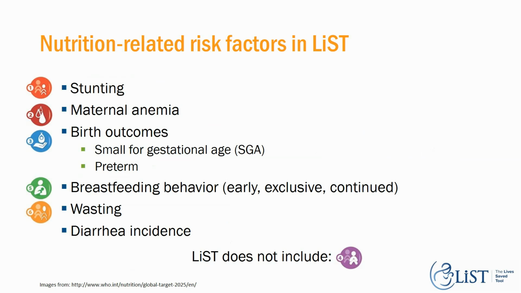In LiST, they're separated out in small for gestational age and preterm, which together make up low birth weight. We can also model breastfeeding behavior, which should be ideally early, exclusive, and continued. And we can also model wasting. Something that's not in the WHO targets, but that we can still model in LiST is the diarrhea incidence.